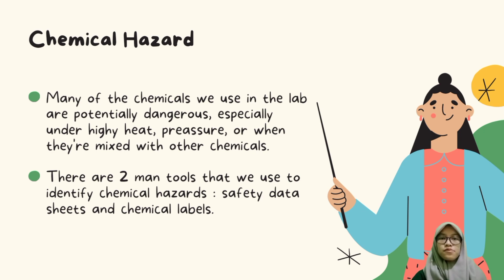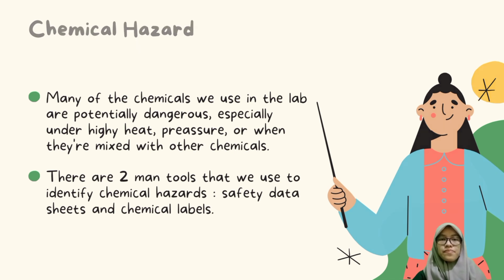Many of the chemicals we use in the lab are potentially dangerous, especially under high heat, pressure, or when they are mixed with other chemicals. There are two main tools that we use to identify chemical hazards: safety datasheets and chemical labels.